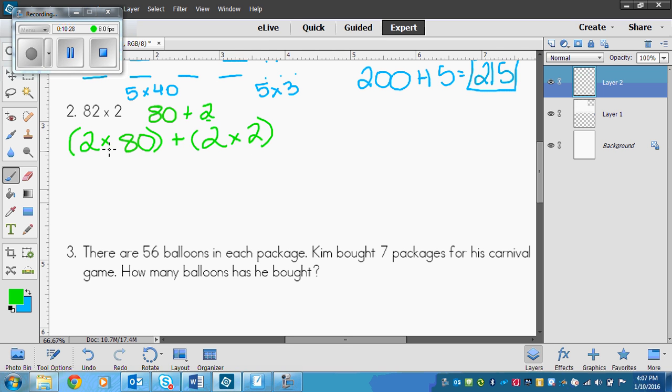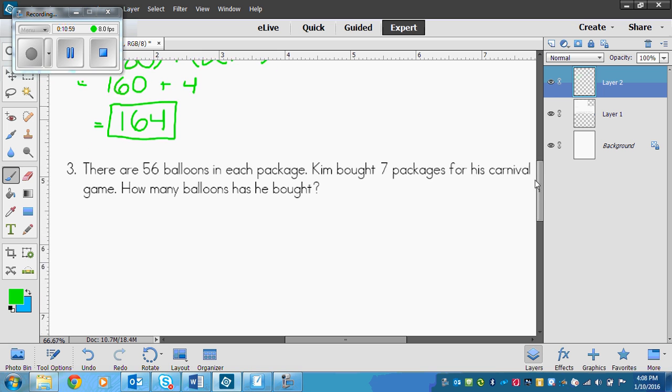So right here, I'm going to have to multiply. So thinking the easy way, 2 times 8 is 16, and then I'll carry that 0 on after. And 2 times 2 here is 4. So 160 plus 4 equals 164. So that means that 82 times 2 equals 164.